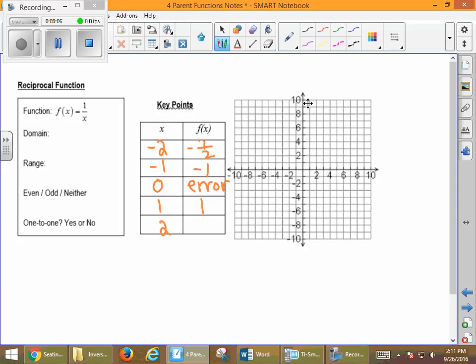And when we have 2 for a value of x, we end up with 1/2. That error there signifies that x is not allowed to be something. So we got an error at 0. That means that our domain can be anything but 0 for x.